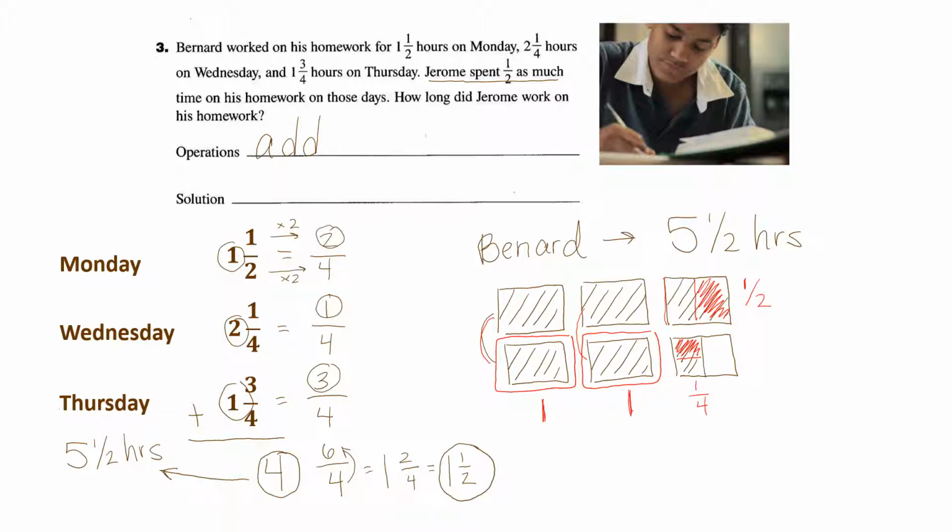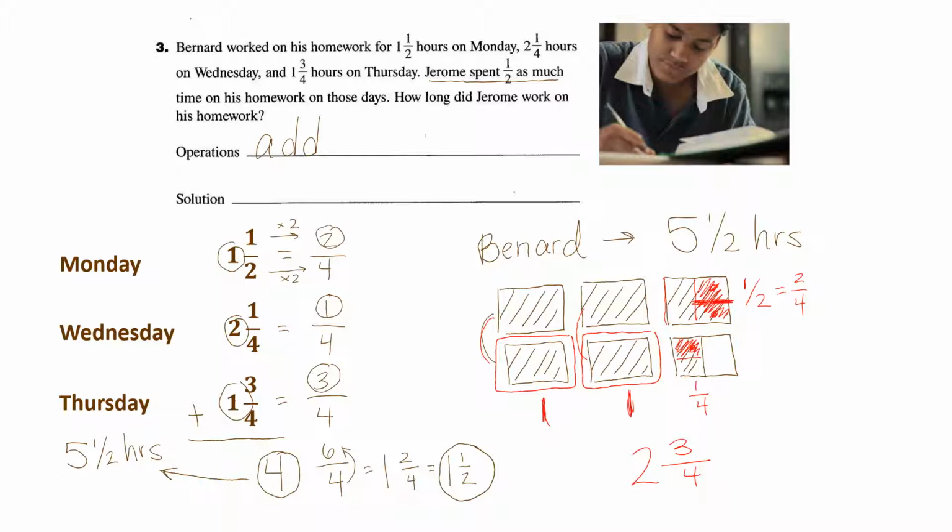Now we know that 1/2 equals 2/4, because I could divide it like that. So that would be 1/4, 2/4, 3/4. So that's 3/4 and 1, 2, 2 3/4. So Jerome, oops, that's with a J. Let me erase that.